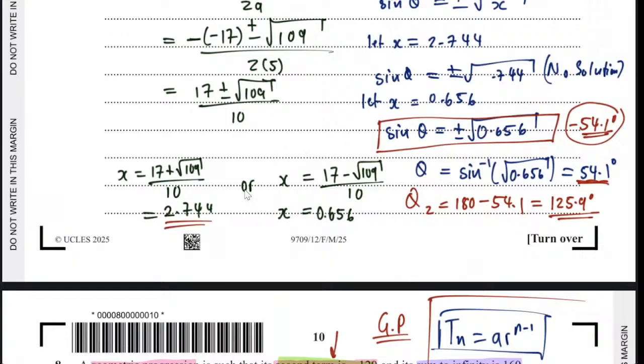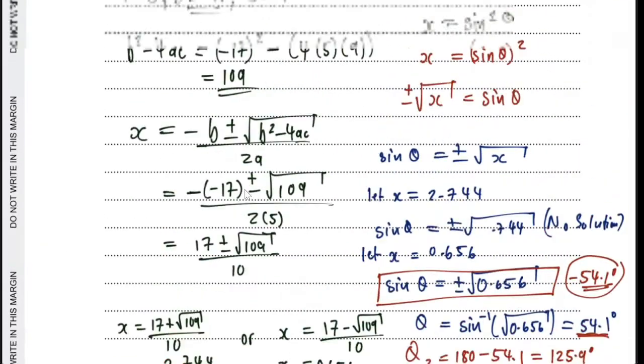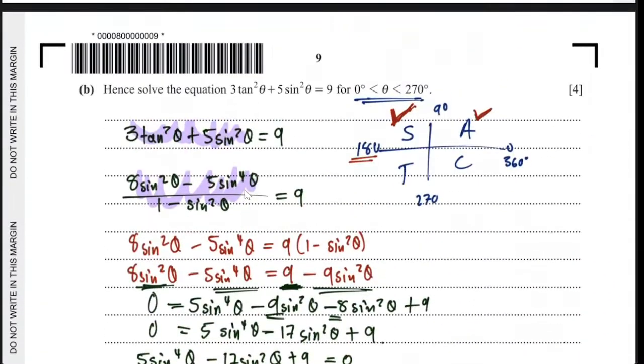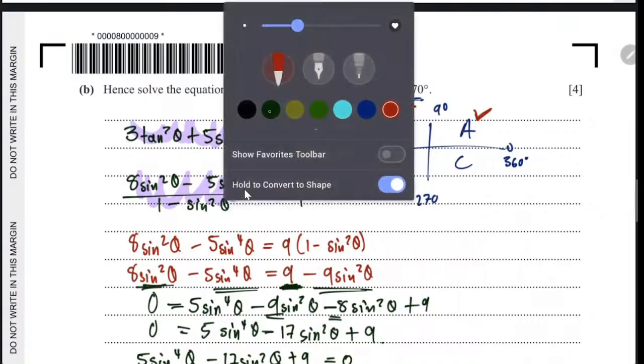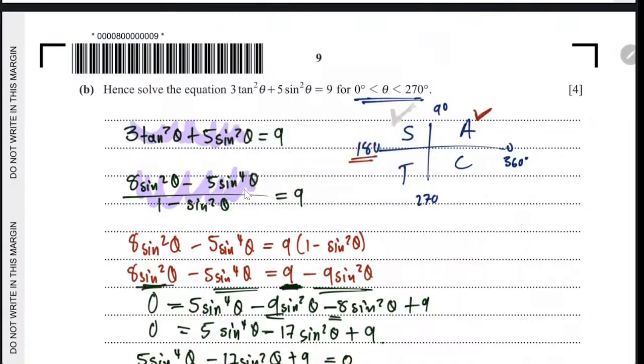Isn't it you found it to be negative? So now we want to use where sine theta is negative. Which quadrants are they? Quadrant 3 and 4, right? But we cannot take quadrant 4 because it's bigger than 270.